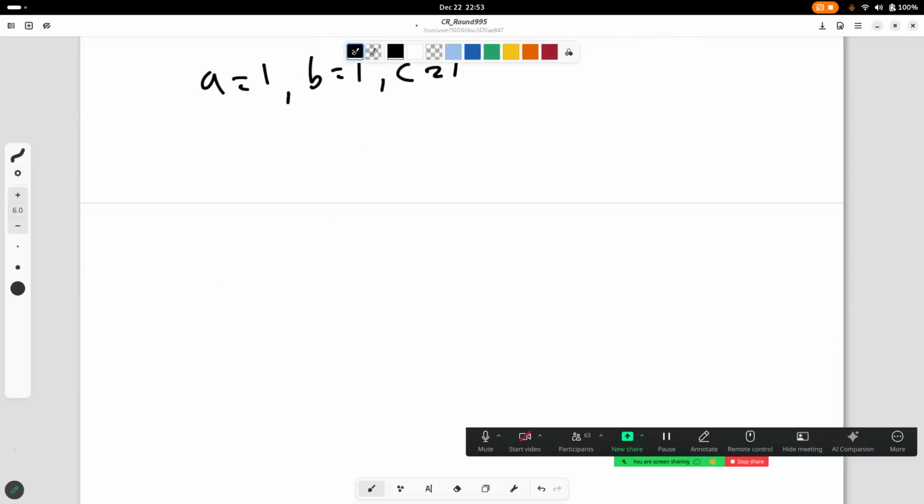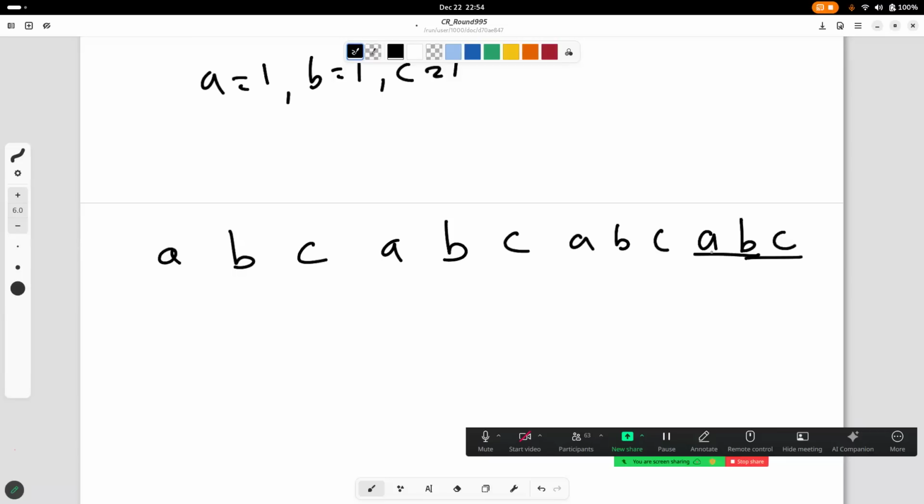Now, if you look at what's happening here, you walk A kilometers, B kilometers, C kilometers, A, B, C, A, B, C, and at the end you walk either A, B, or C kilometers.